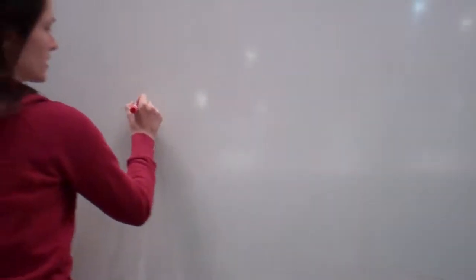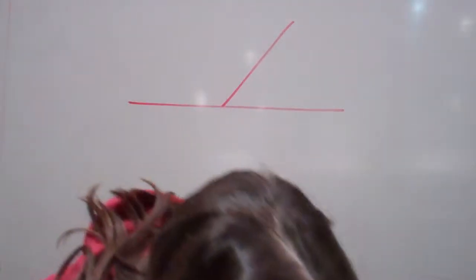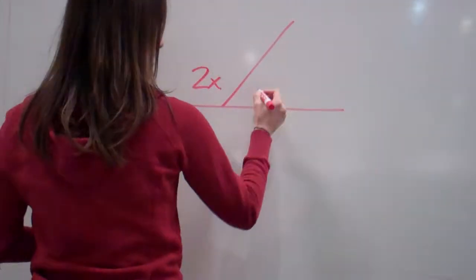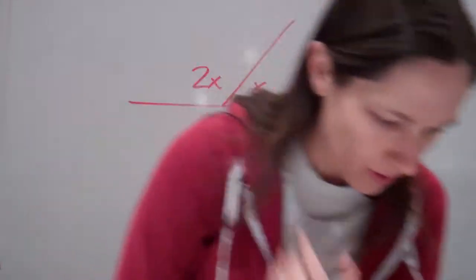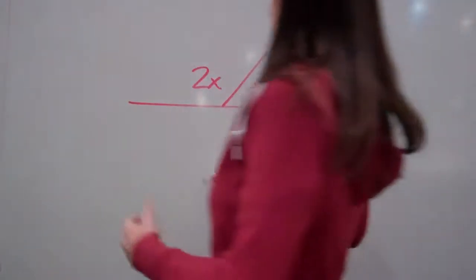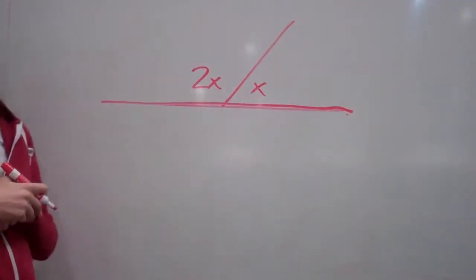Okay, then they kind of switch a little bit, and they have this little thing drawn right here. And here's what they tell me. I have a 2x and an x. Okay, go in and write that down. What do we know about a straight line? It's 180.